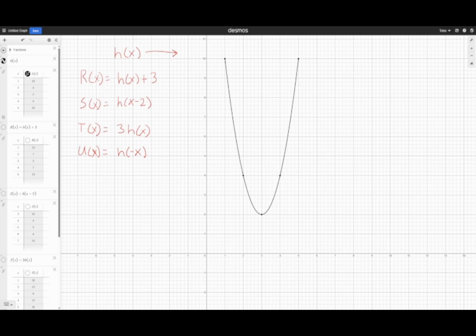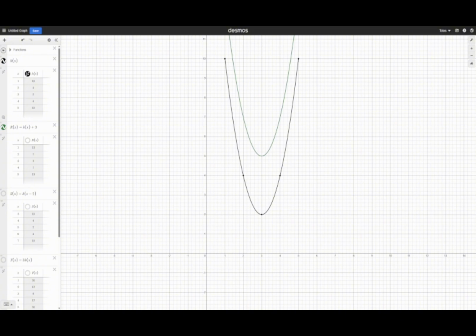So here we have our h of x, and then here's our r of x. As you can see, it moved up by 3, and here are those corresponding points. Each of the y values, we simply added 3 to. Here's our s of x, and we expected it to move to the right by 2, and sure enough it did, so each of our x values, the domain, had to move to the right by 2.